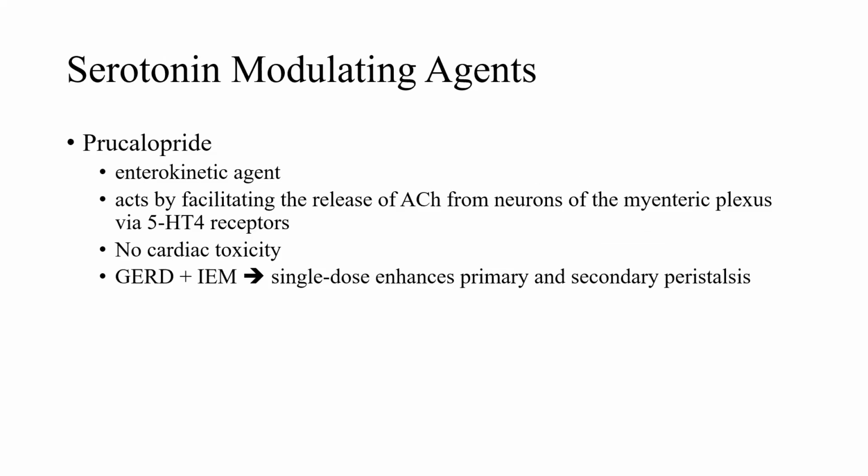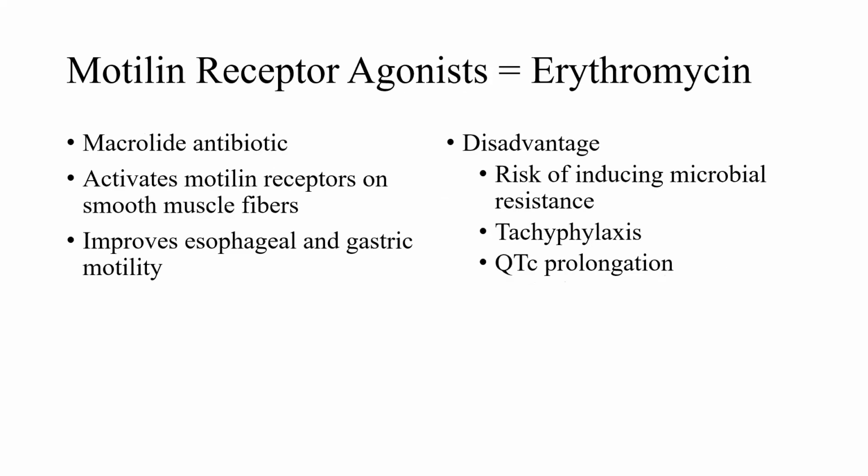On the other hand, prucalopride is an enterokinetic agent. It does not possess cardiac toxicity, and in patients with GERD and IEM, a single dose, in fact, enhances the primary and secondary peristalsis. Motility receptor agonists, for example, erythromycin, fall under the category of macrolide antibiotics.